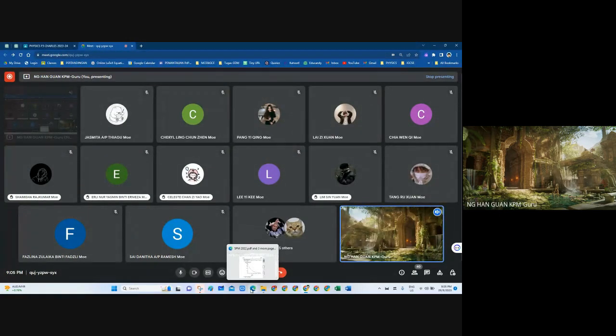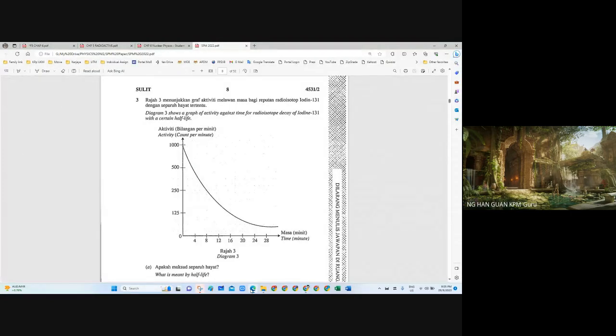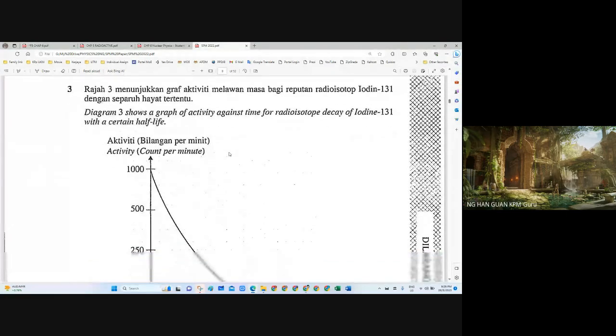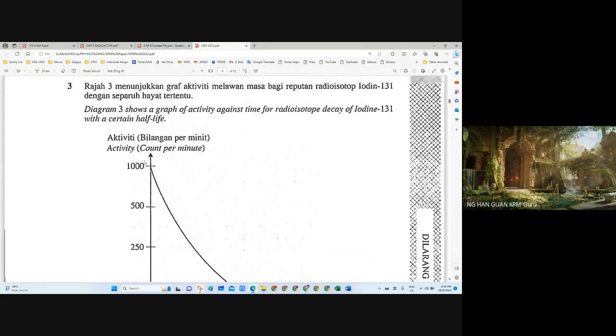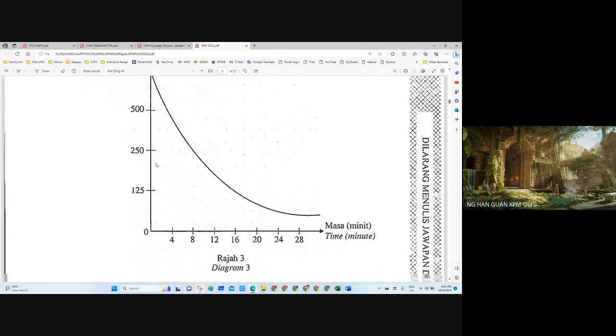Okay, so in our previous lesson we already done our first subtopic on radioactive half-life. So this question, I think you still remember, is SPM 2022, which is last year. The question has problems on the scale for the y-axis, which is the activity, counts per minute here.